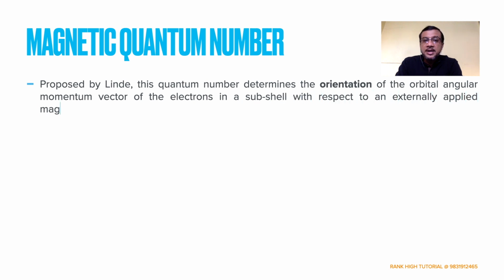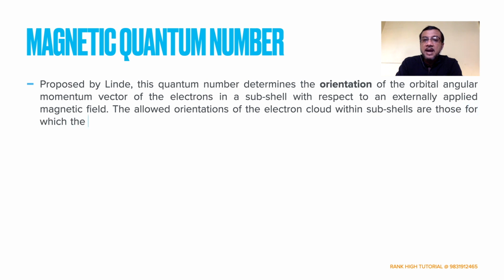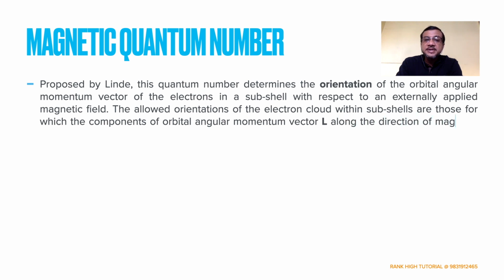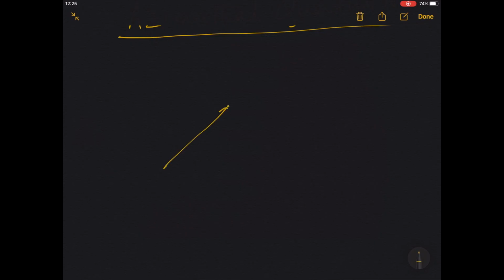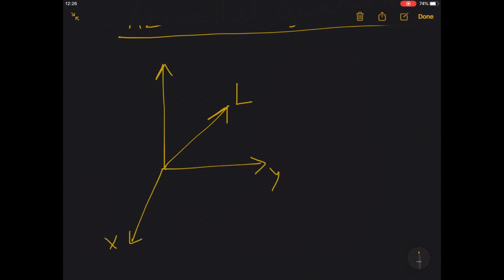The allowed orientations of the electron cloud within subcells are those for which the components of the orbital angular momentum vector capital L along the direction of the magnetic field, conventionally the z-axis, expressed as Lz, are as follows: Lz equal to ml into h by 2 pi, which is also equal to ml into reduced Planck's constant. Under the influence of an external magnetic field, electrons of a subcell can orient themselves in certain preferred regions of space around the nucleus called orbitals.